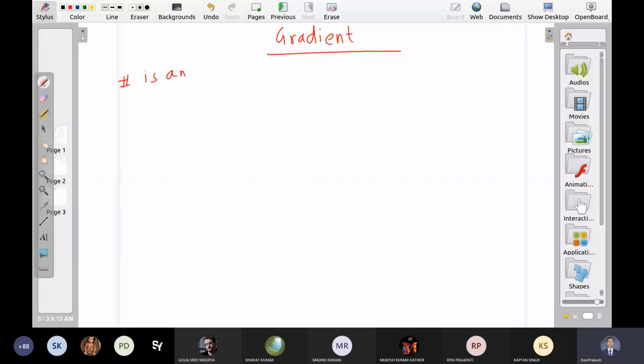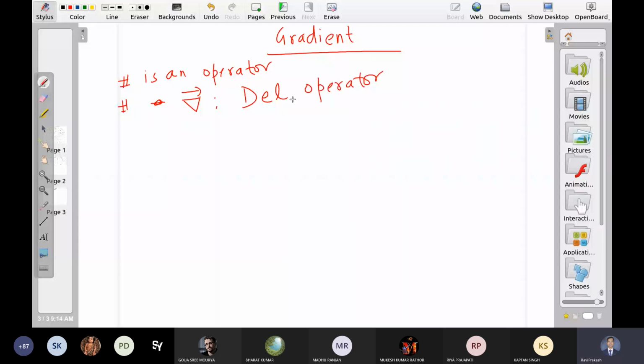What is the symbol? So this symbol is called the del operator, or you can also call it the gradient operator, okay, or gradient only.